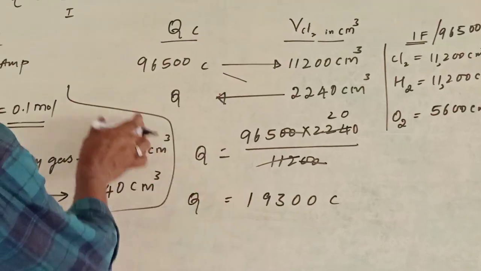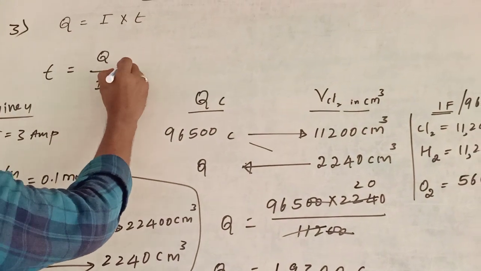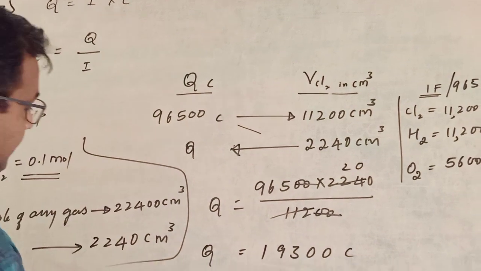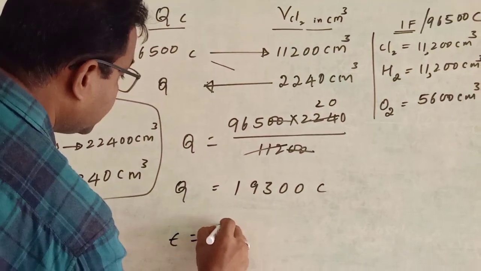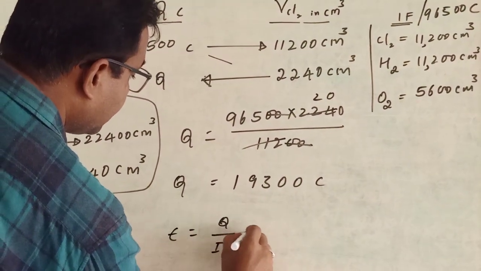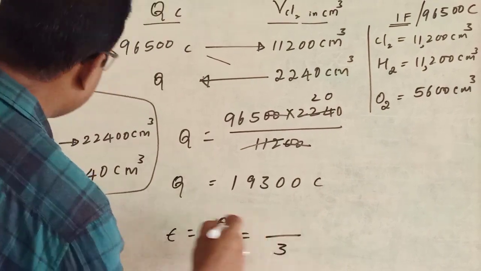Then substitute the same value here. The formula is T is equal to Q by I. I is given as 3 amperes.